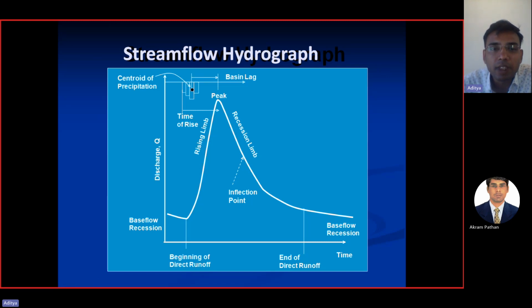At some instant you get a peak of surface runoff or discharge. After some time, as rainfall stops, the surface runoff is depleted again. So you have a recession limb, or depletion limb, on your right-hand side.